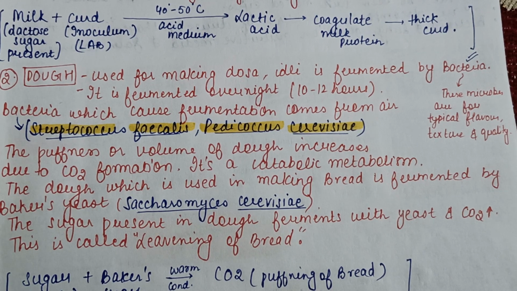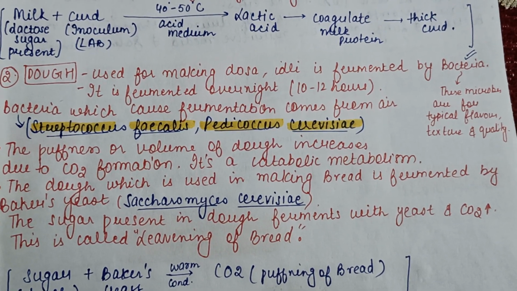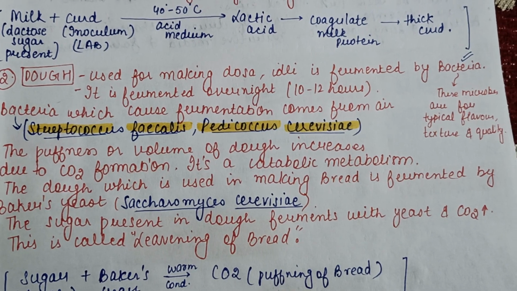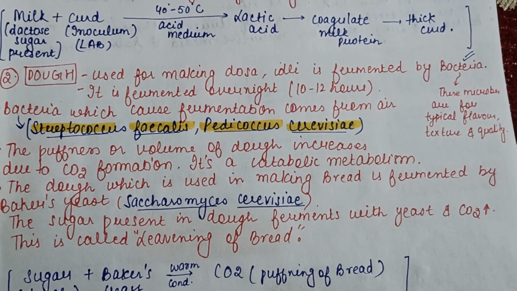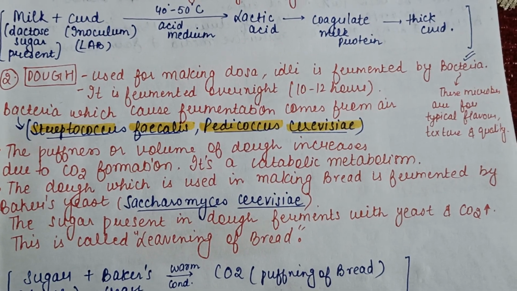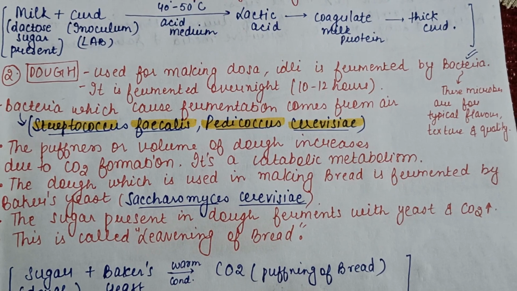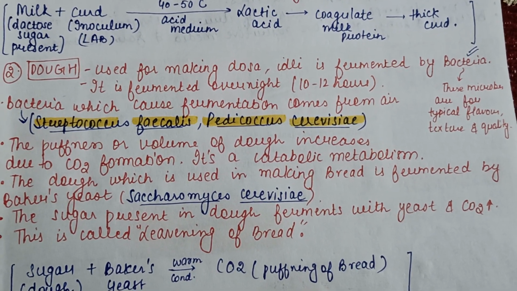This is fermented overnight, meaning 10 to 12 hours. Bacteria which cause fermentation come from the air. We have to learn its bacteria name. There are two names of its bacteria, you can learn only one.